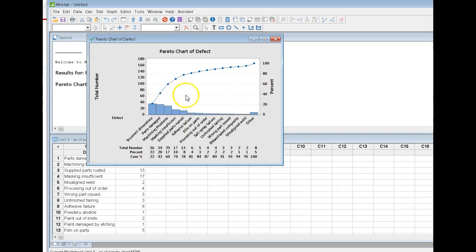Okay, there's my 42%. Plus the 17 I get from the next one accounts for 60%. I have it here. So what's happening here is the heights of the bars represent these numbers right here. And each of these data points right here represent the cumulative percent that I have right here. And it will accumulate them till I get to 100%.